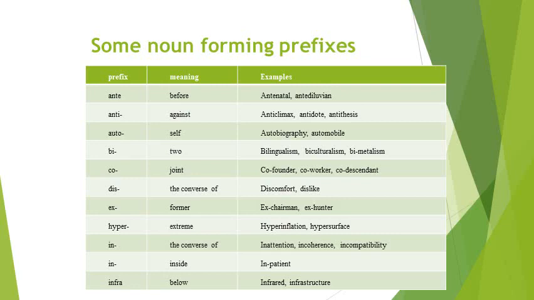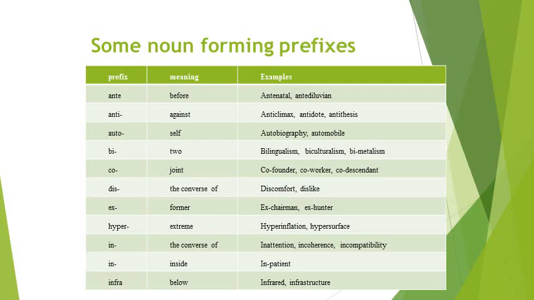Now, talking about ways in which words are formed, we can talk about the case of translingual borrowing, alphabetism, acronymy, clipping and blending, and then affixation. Under affixation, we talked about inflectional and derivational affixes. Under inflectional affixes, we said that these do not change the meaning or the grammatical class of words.